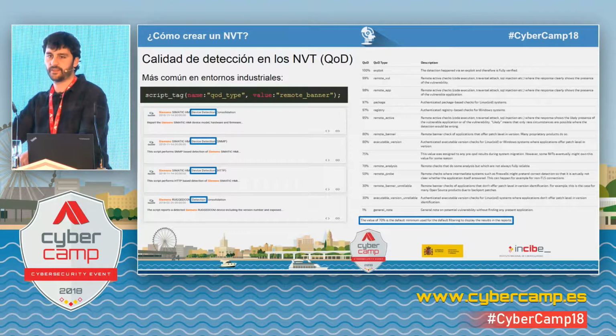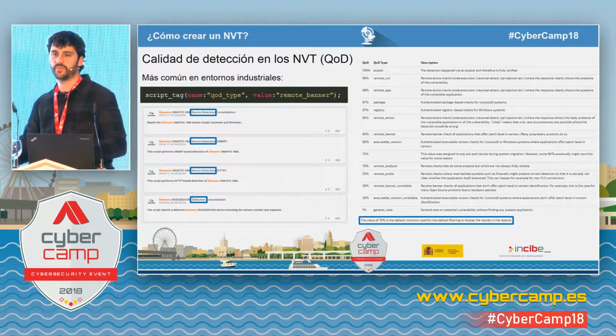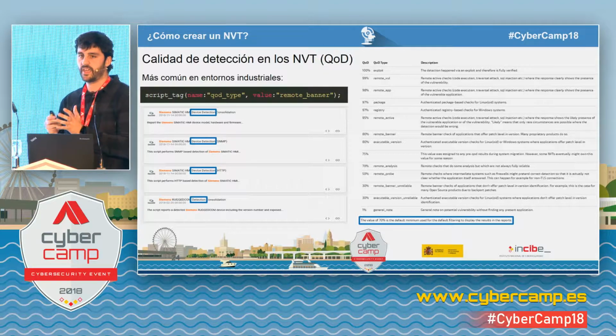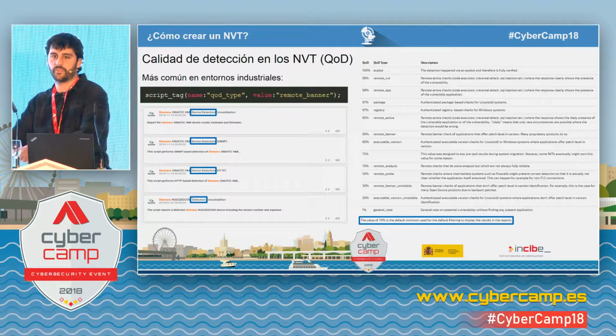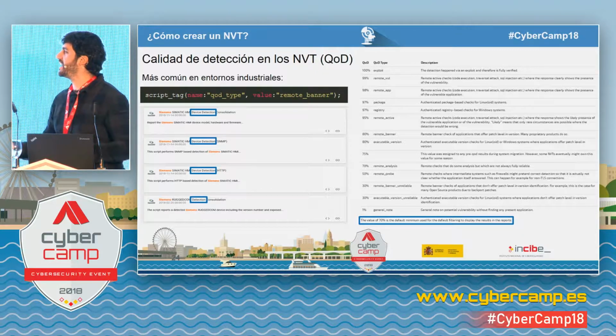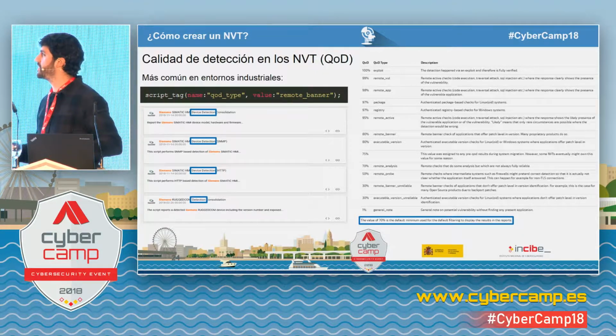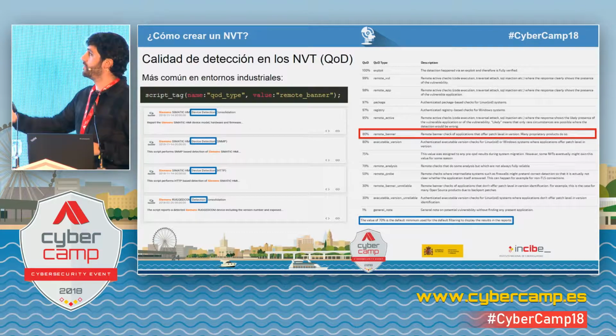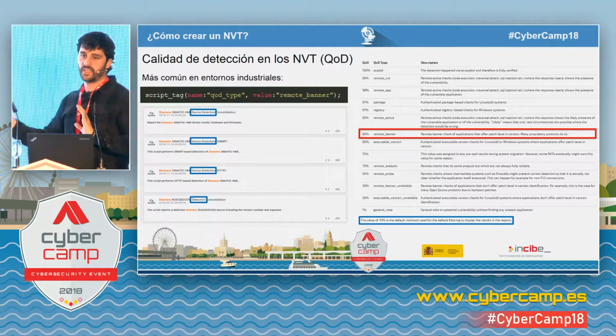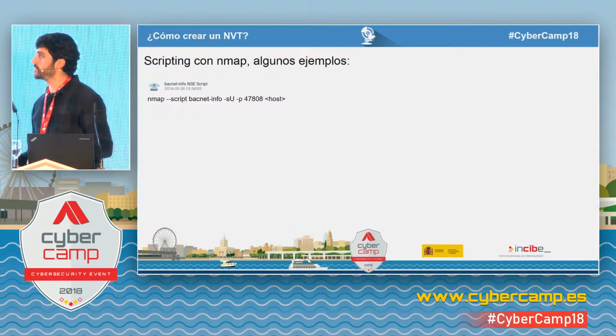So if you configure your scan and then you get a good summary, for instance in PDF format or any other format, it will not be included in the reporting. Remote banner, 80% quality of detection.